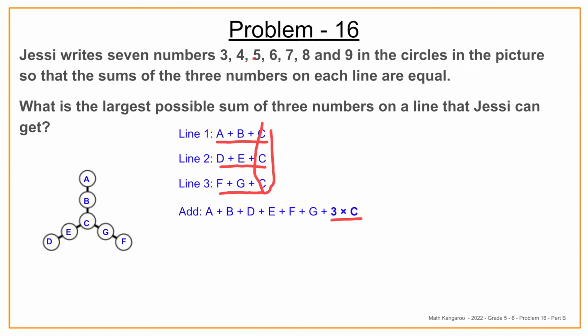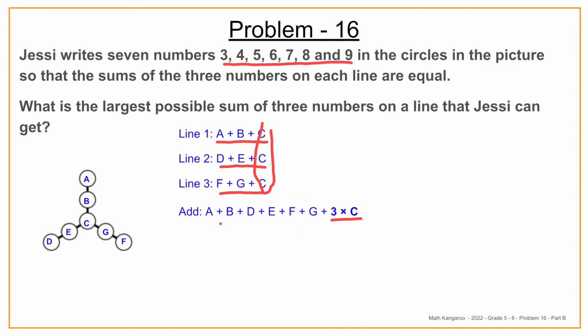Now we know that the sum of these numbers are 3 plus 4, 7, 7 plus 5, 12, 12 plus 6 gives 18, 18 plus 7 gives us 25, 25 plus 8 gives us 33, 33 plus 9 gives us 42. The sum of all these numbers is 42.